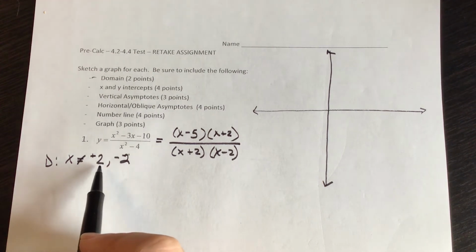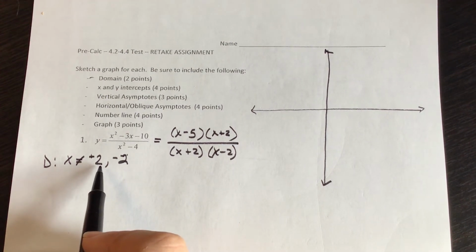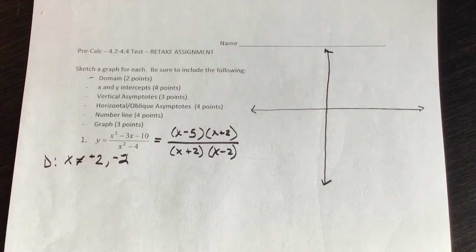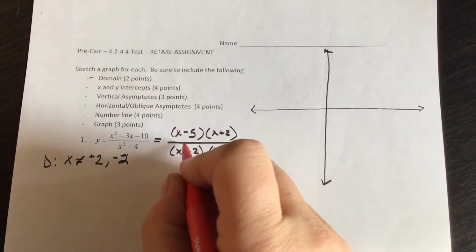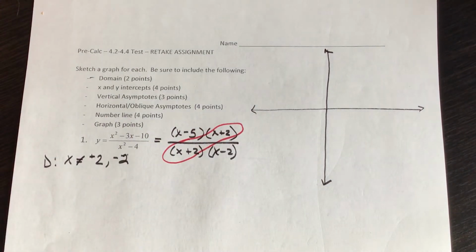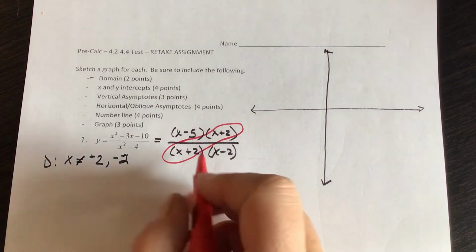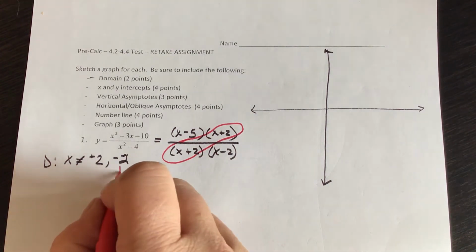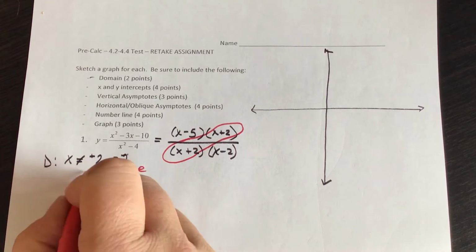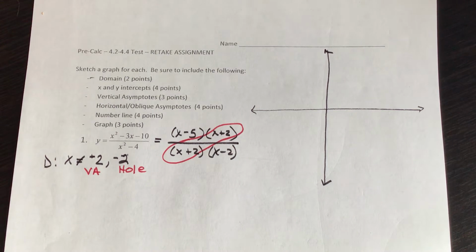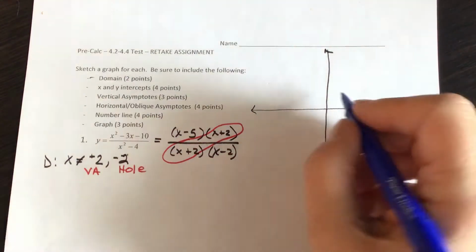They're either going to be a vertical asymptote or a hole, and because we have factors of an x plus 2 on top and on bottom, the factor of the zero of negative 2 is going to be a hole, and this one is going to be a vertical asymptote. So I'm going to draw those on here.